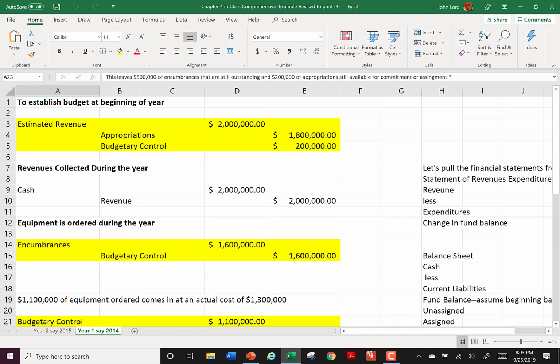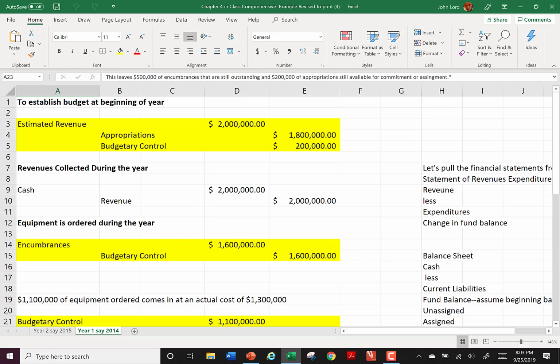Okay. Now, if I were to go ahead and prepare an appropriations ledger right now, I would have a credit for the original budget. I'll have debit for encumbrance.